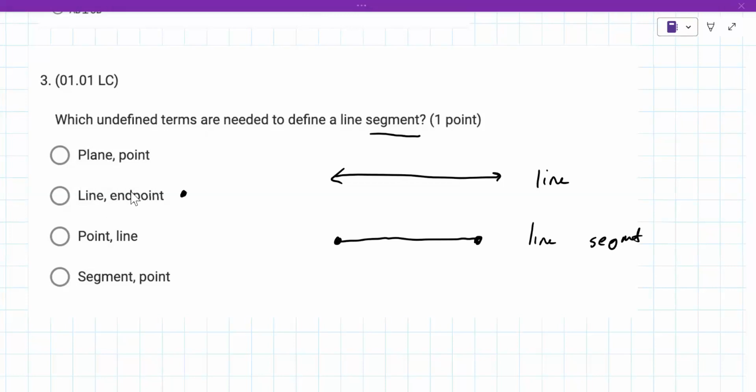My concern is that line and endpoint could refer to a ray, meaning it extends infinitely. Oh, right, we only defined one endpoint. A point and a line, though, is just that. And then a segment, I guess if you had to, I would go with that. Do you remember? That's where I was asking, because I think the first time I put line and endpoint, so we don't want you to repeat the same one again. So I guess that would be my best guess, although I don't like any of these.